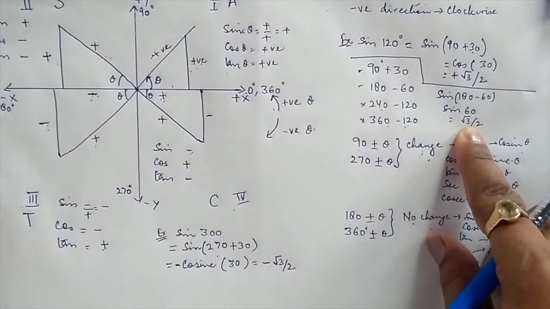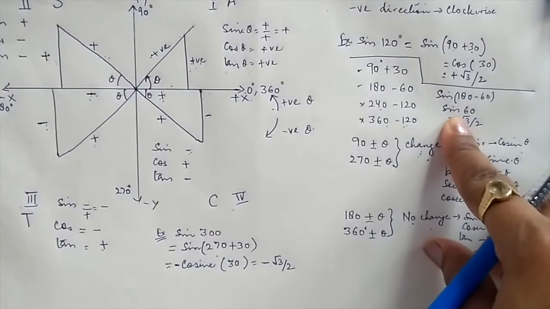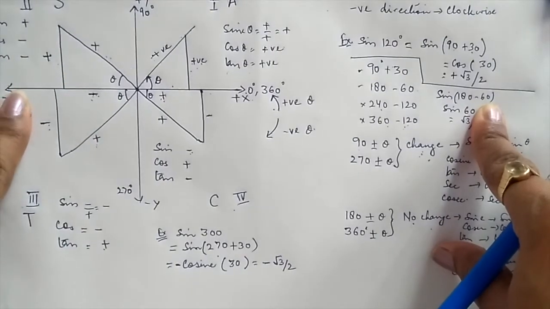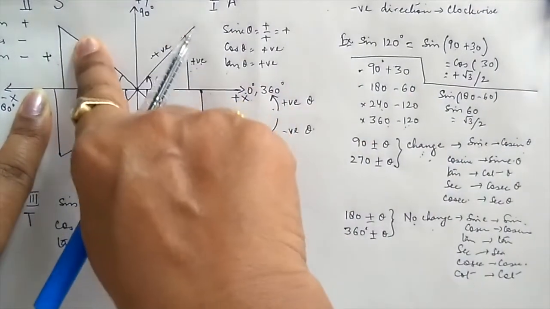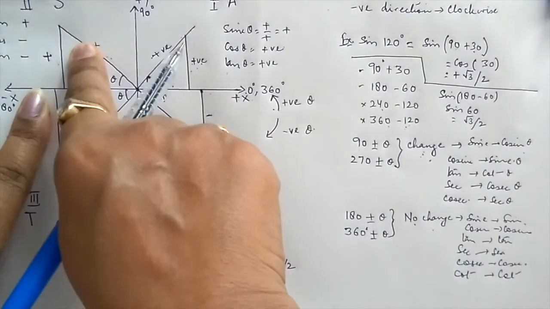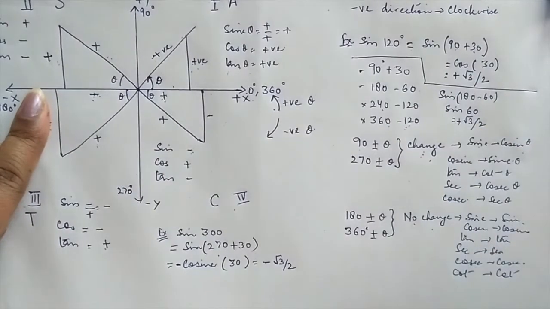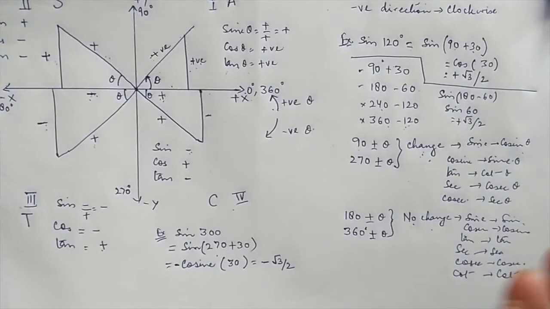Similarly here now see, in the same manner, 180 means a no change, so it was sine. 180 minus, this is my 180, this line, minus something would mean I go back here in the second. And in the second quadrant, sine is positive, so again this is positive. So you are going to look at first what?